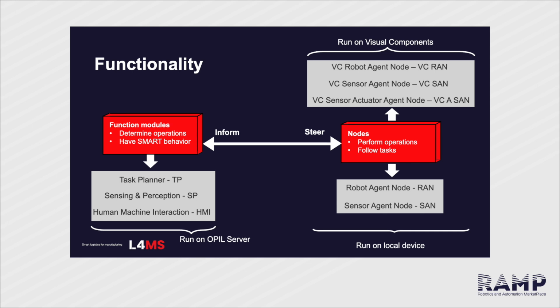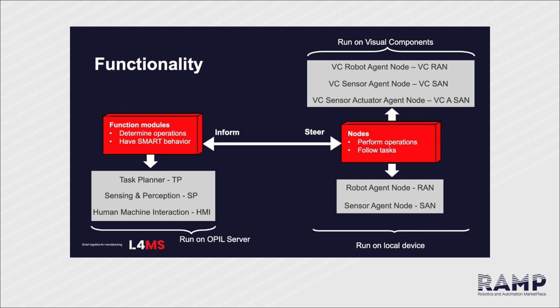In parallel, these 2 nodes exist in the digital twin part as Virtual Component RAN and Virtual Component SAN, with also another module, the Virtual Component Actuator, which is a combination of the real sensor signal and simulation.